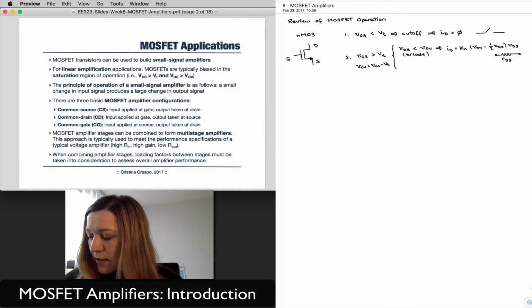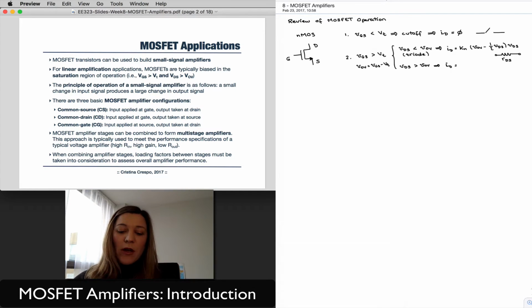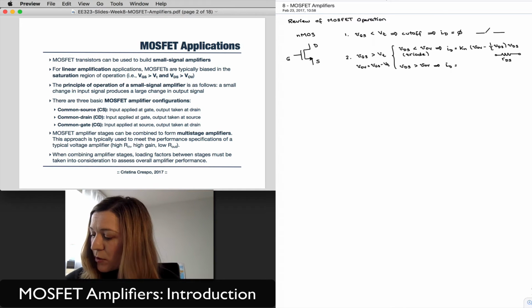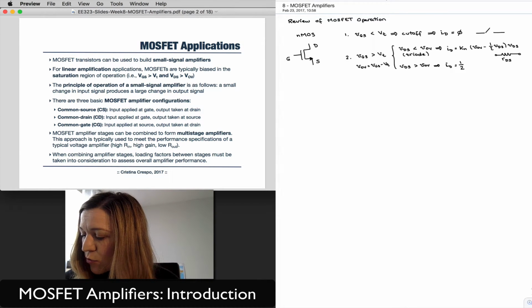And then finally, it could be that VDS is greater than the overdrive voltage. And in that case, we saw that there is a quadratic relationship between ID and the overdrive voltage, given by ID equals 1/2 of Kn times the overdrive voltage squared.